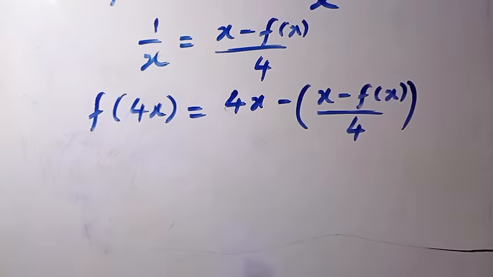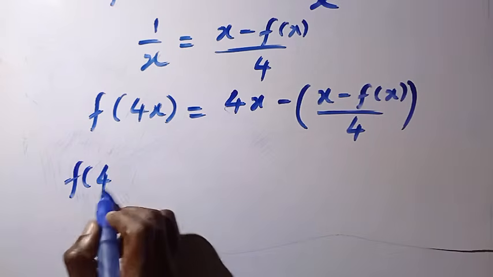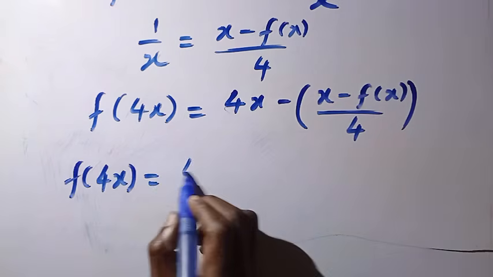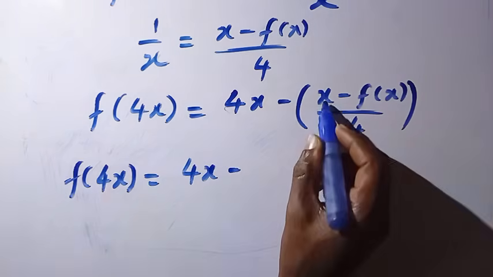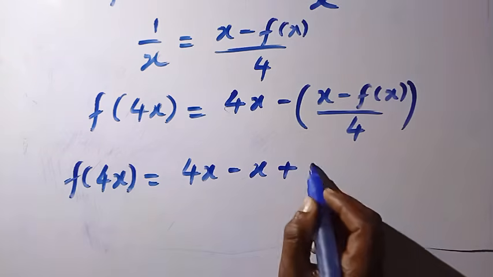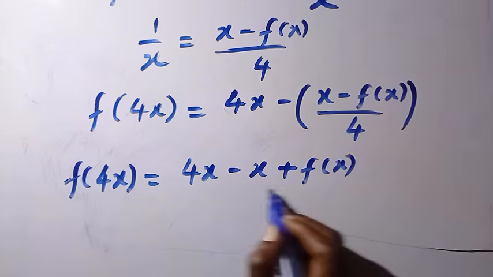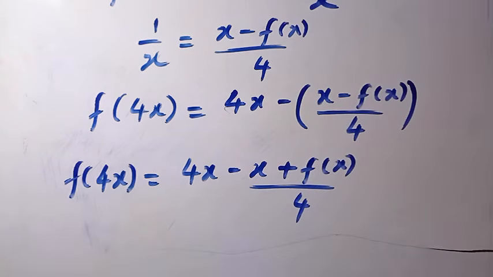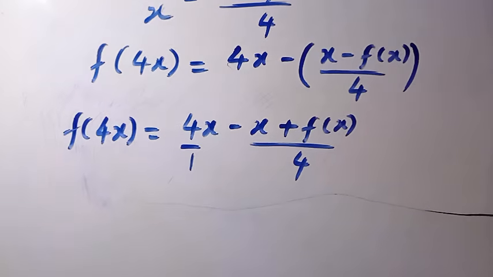So by expansion, we have f of 4x equals 4x minus x plus f of x all divided by 4. We have to find the LCM, which is 4.